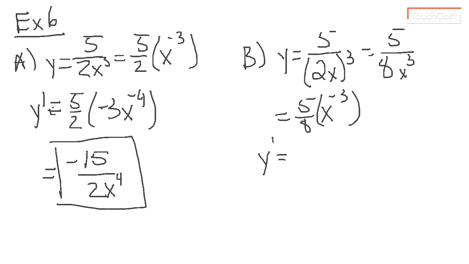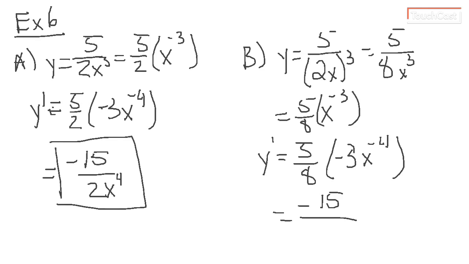Y prime is going to be 5 over 8 times negative 3 x to the negative 4. Now we can simplify it. 5/8 times negative 3, that's going to give us negative 15 over 8.